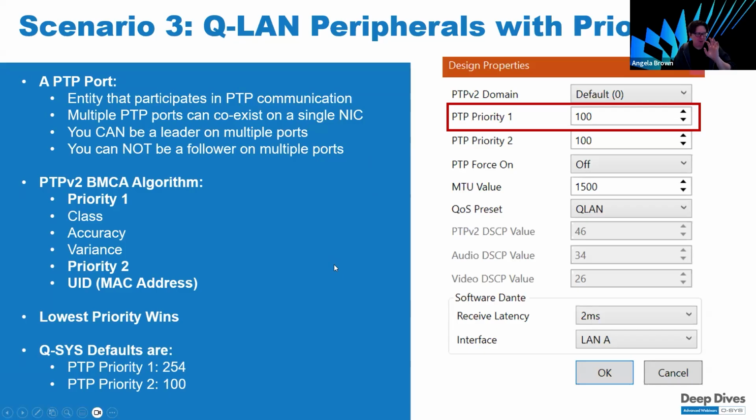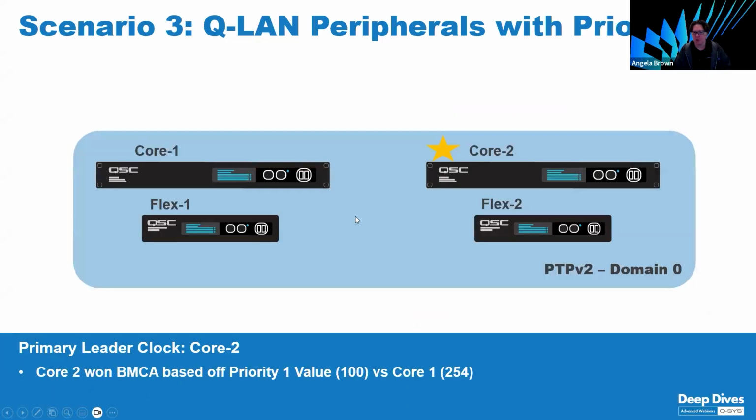So back to our scenario, where we have 2 cores and 2 peripherals, and we want to determine which one wins. We can say, I want core 2 to be the clock leader, because core 1 is off in some weird space, it might get turned off, something might happen with that.